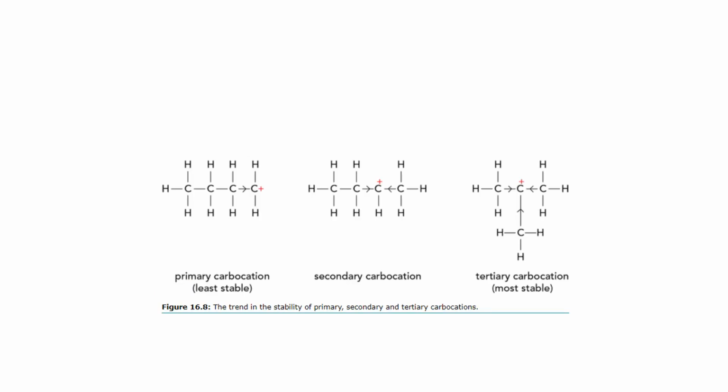In the trend in the stability of primary, secondary, and tertiary carbocations, the tertiary is the most stable, followed by secondary, and the least stable is the primary carbocation.